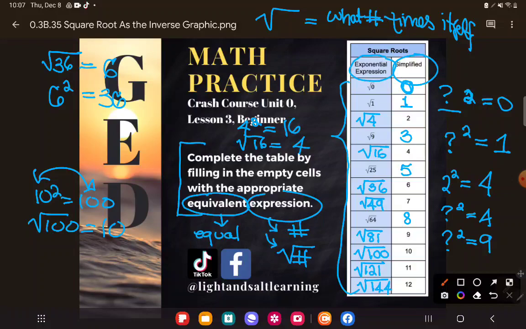Perfect squares are one of those things I love for you to have memorized because of what we just did. By memorizing the perfect squares, we also have memorized our square roots. You know, it's like two birds with one stone. It's double our money. But as we've just seen, you can create this every time. You don't have to have it memorized, but it is useful and it does make this process a lot quicker.